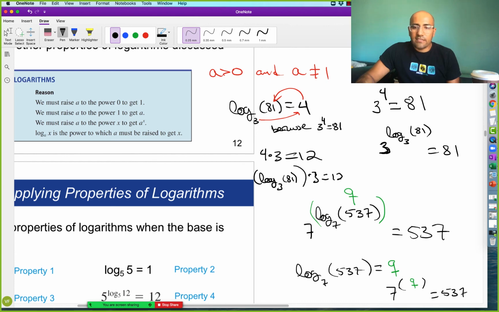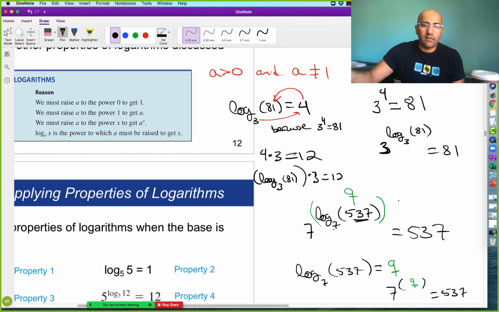So get that decimal in your head. And now what do you get when you raise 7 to that decimal? Well, it's 537. You just told me that this is the decimal that makes this true. Okay, so as long as these match, this exponent, this base, and this little index to the log, the output is going to be whatever number is in there.